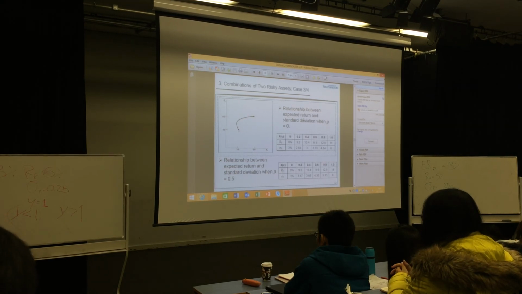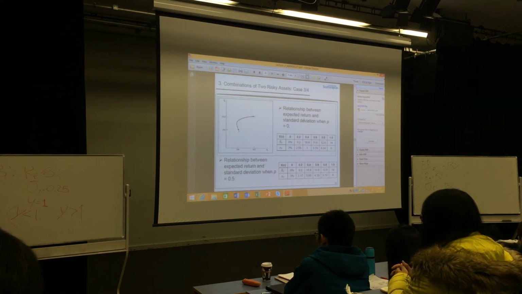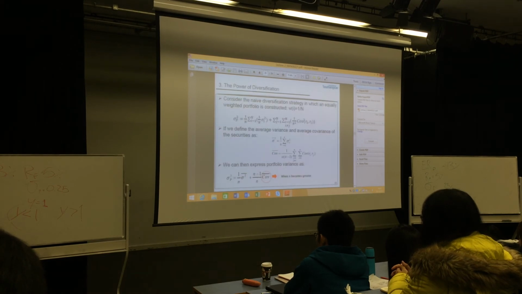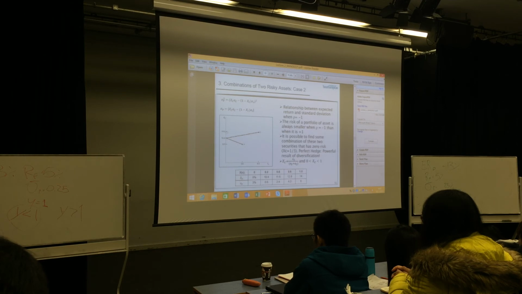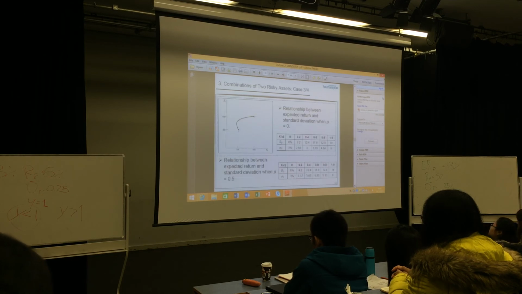So there is a benefit in terms of risk reduction, not as much, of course, as in the case of correlation coefficient minus 1. There, I'm really able to find zero standard deviation, zero risk, higher performance.